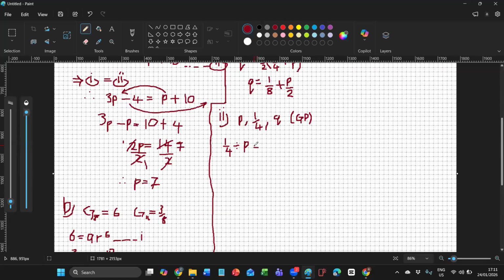That means that 1 over 4 divided by P is equal to Q. The order is very important. It has to be the next term divided by the previous term. So we need to get it right from the beginning.